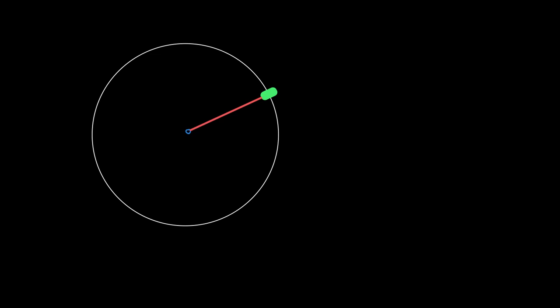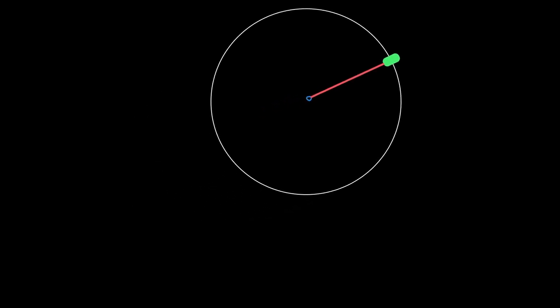If we freeze a moment in time, like this moment, us looking down on the stopper, watching it spin in a circle, and we consider just looking at this moment in time, the stopper had a velocity at this moment in this direction. We would call this the tangential velocity. Meaning at that instant, because velocity has to have direction, that had to be the direction of the velocity at that moment.